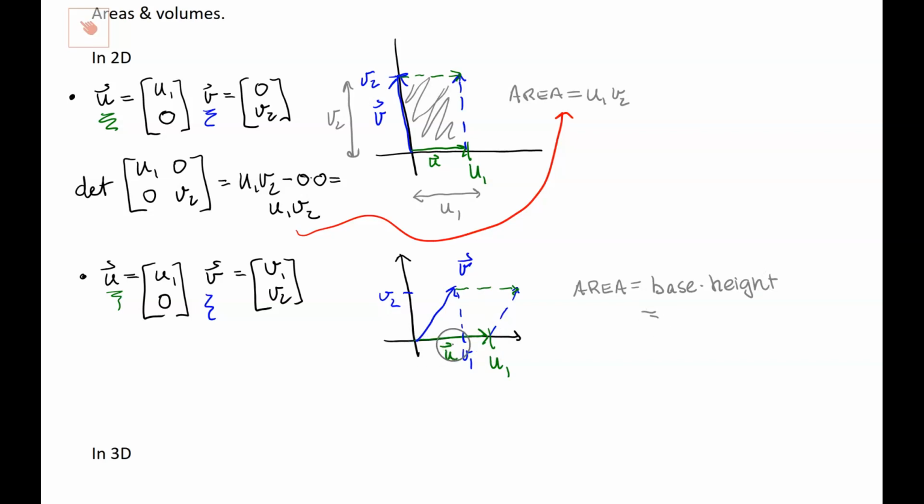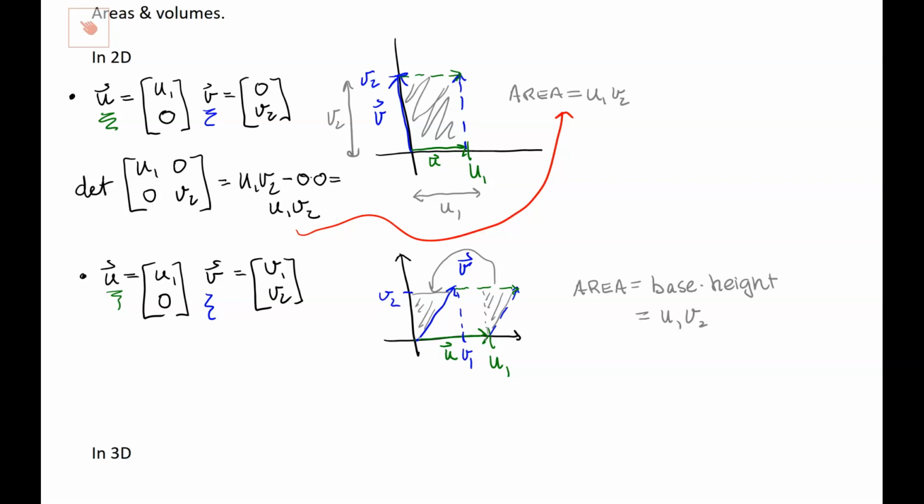The base has length u1, and the height of this is v2. And if you are a little hazy on why, you can remember that the area of that triangle is the same as the area of this triangle. So you could just cut that part off, move it over, and then you would have a rectangle of width u1 and height v2.